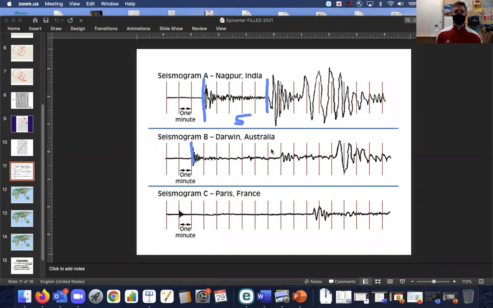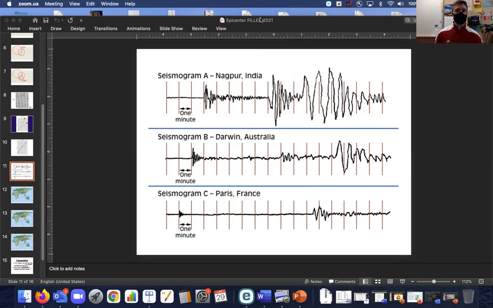First P wave, first S wave, 1, 2, 3, 4, 5, 6, 7. 7 minutes. First P wave, first S wave, 1, 2, 3, 4, 5, 6, 7, 8, 9, 10.5 minutes. All right, so 5 minutes, 7 minutes, 10.5 minutes.